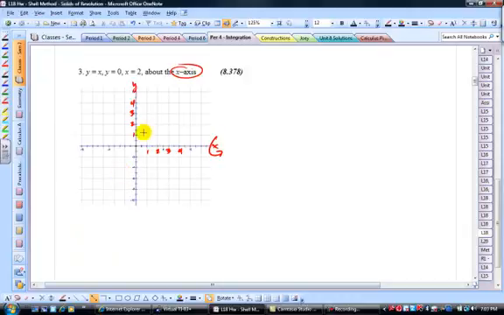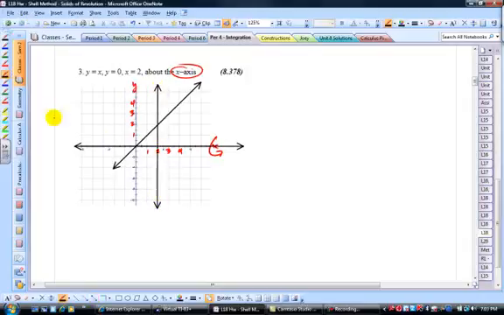The first function is y equals x, slope of 1 going through the origin, right about there. Second function, y equals 0. That's your x-axis here. And third function, x equals 2. That's a vertical line through 2.